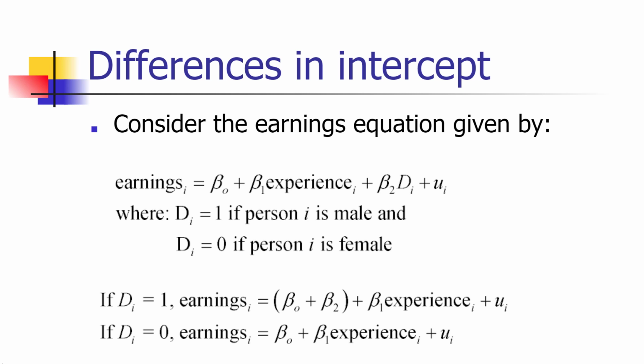So what that dummy variable is telling us is how the intercept of this regression changes when the dummy variable is true. In this case, it would tell us the amount by which the male intercept is either higher or lower than the female intercept, and the difference between those two intercepts would be equal to the estimated value of beta 2.